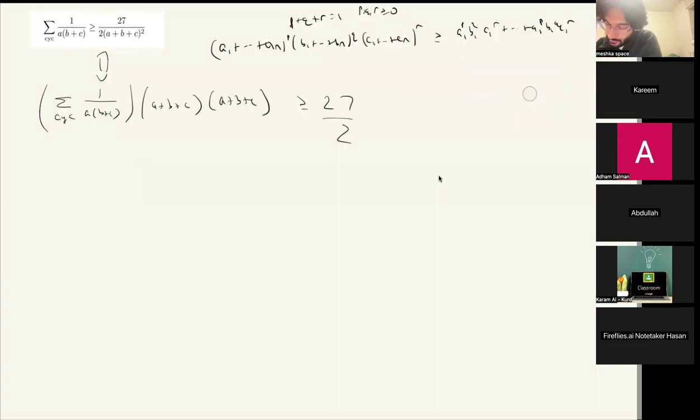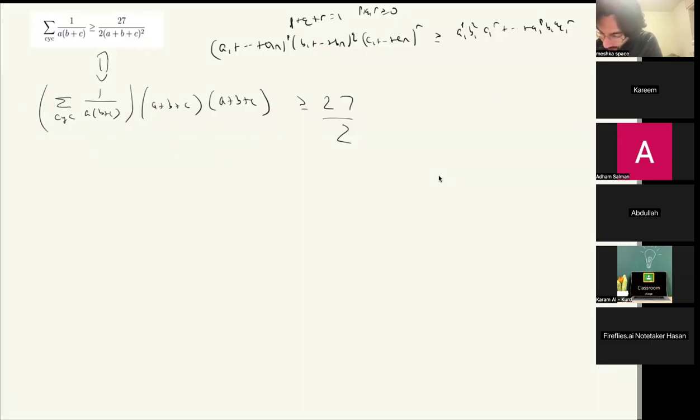Now, here what's happening is we have a product of 2 terms, and we don't have to guess anything. It's given to us. So there are 2 ways you can analyze this with Holder.